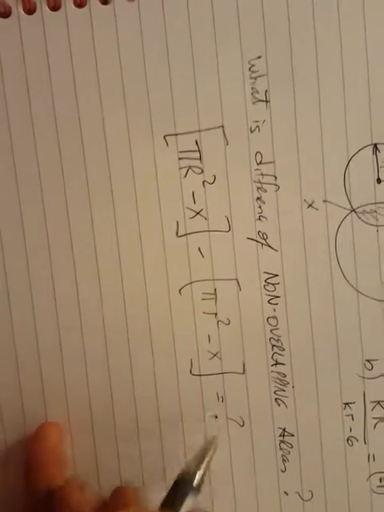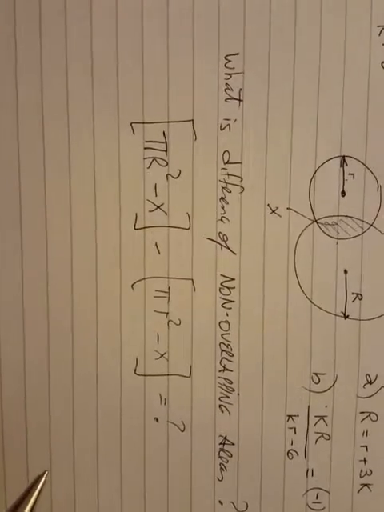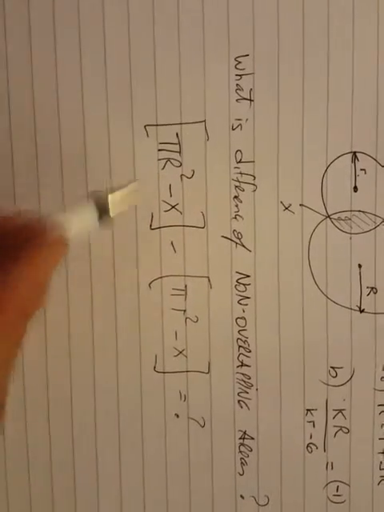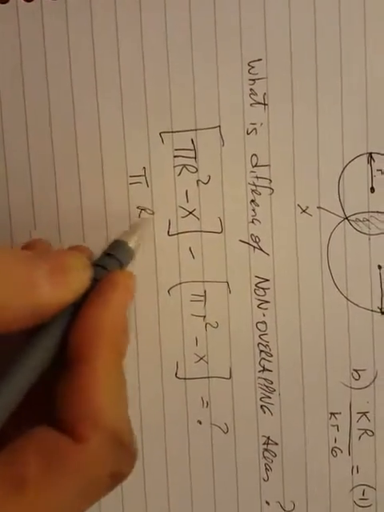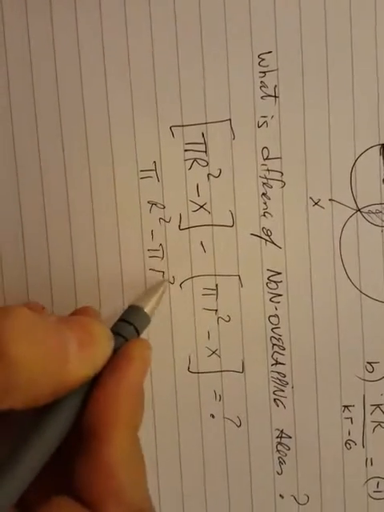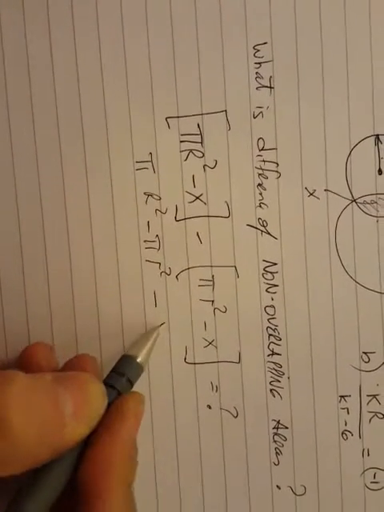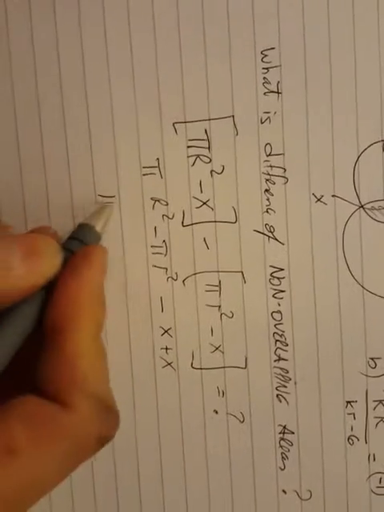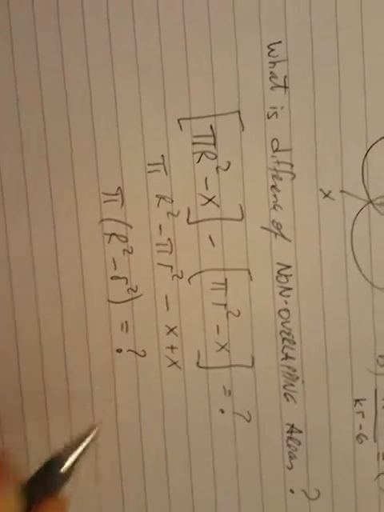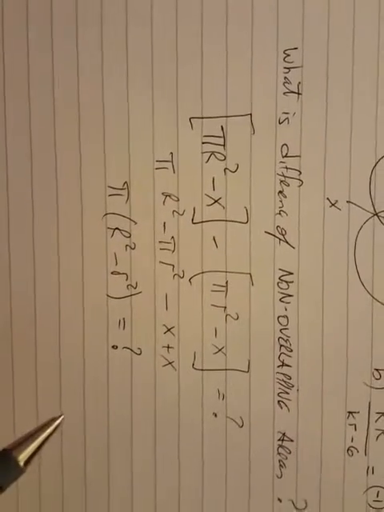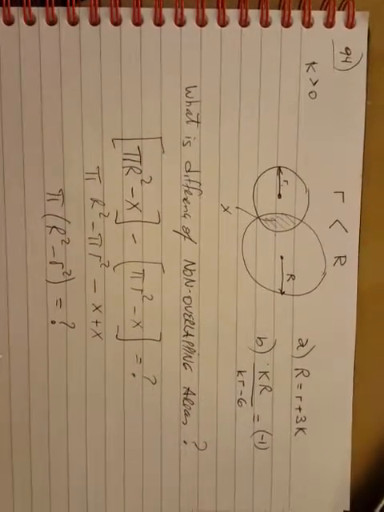This is what they are asking us. That's one way of doing it, and obviously this will simply result in pi R squared minus pi r squared minus x plus x. So basically you end up with this. This is what you need to know.